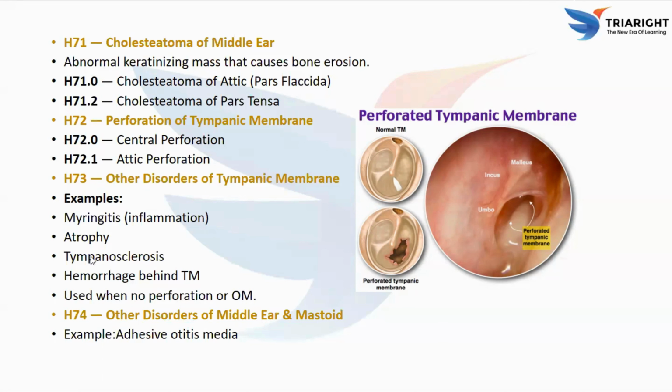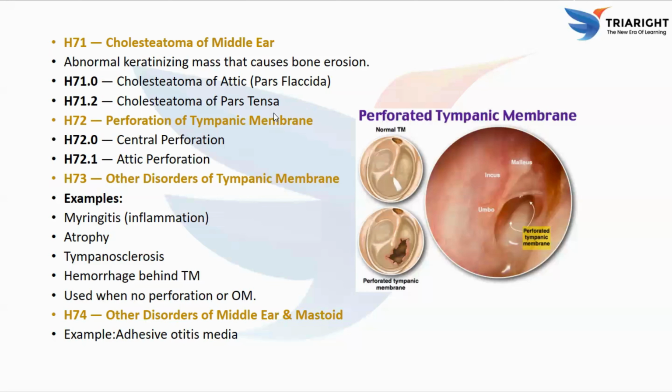So what are the subcodes? H71.0. It is cholesteatoma of the attic, which is the pars flaccida. So the attic is the epitympanum, the upper part of the middle ear. Pars flaccida is the most common site for primary acquired cholesteatoma. So what is the typical cause of this cholesteatoma? A retraction pocket of the pars flaccida due to ET dysfunction. So the H71.2 category is cholesteatoma of pars tensa.